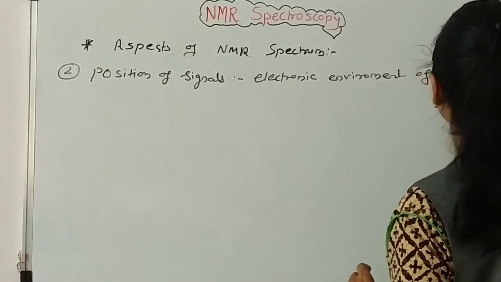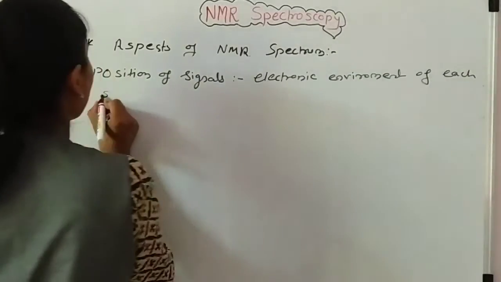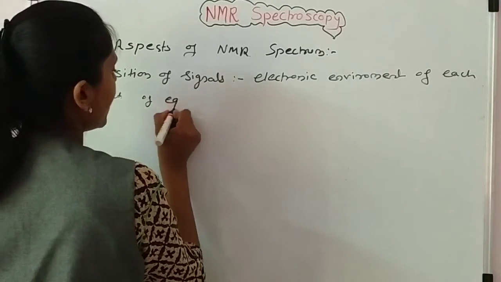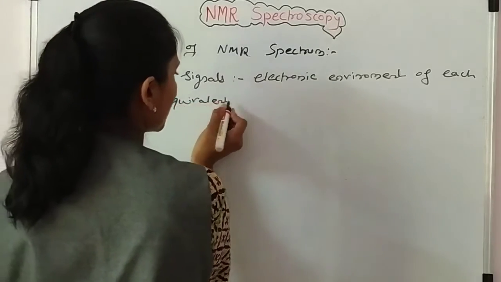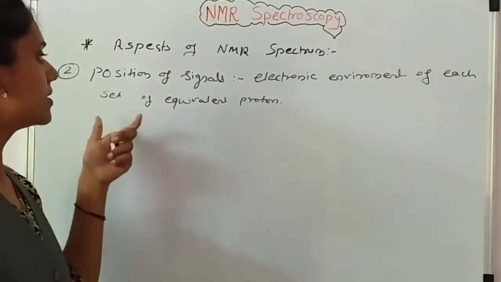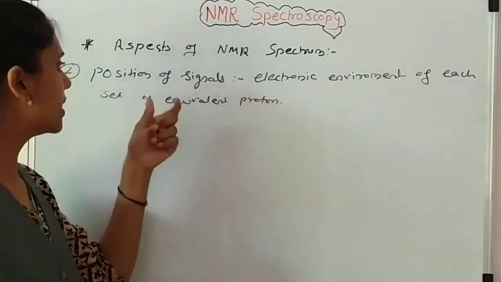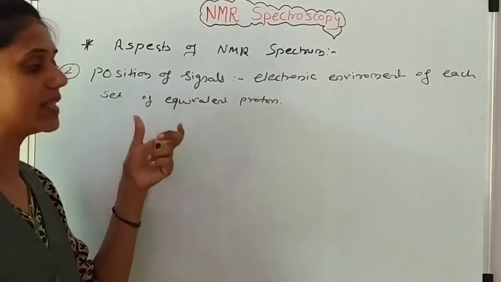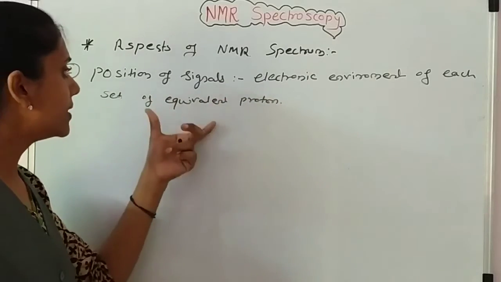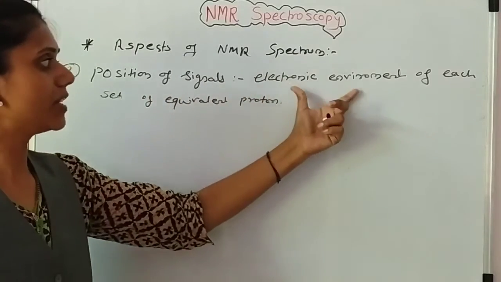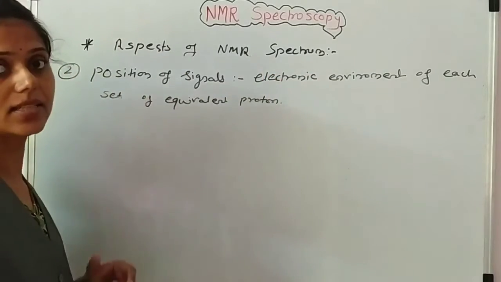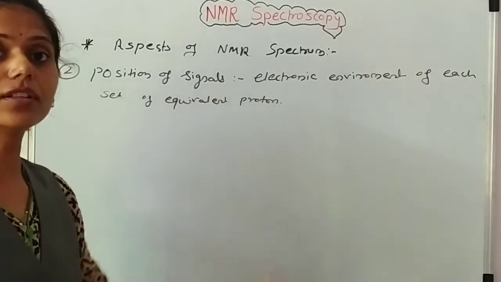Of each set of equivalent protons. Before this, we studied the sets of equivalent protons in the number of signals. And this proton has which type of electronic environment? This shows the position of signals. Okay, we draw the spectrum.